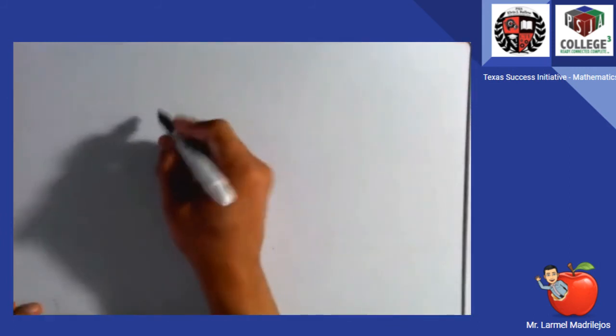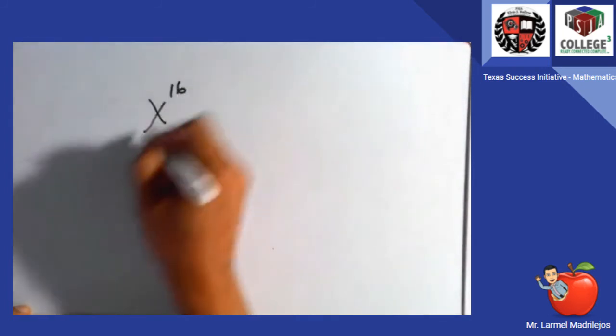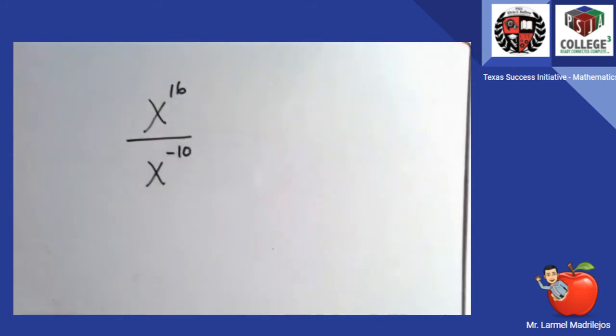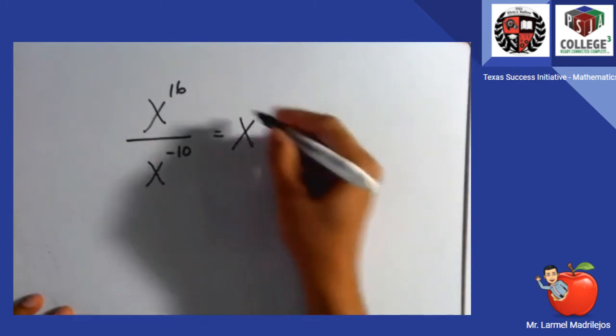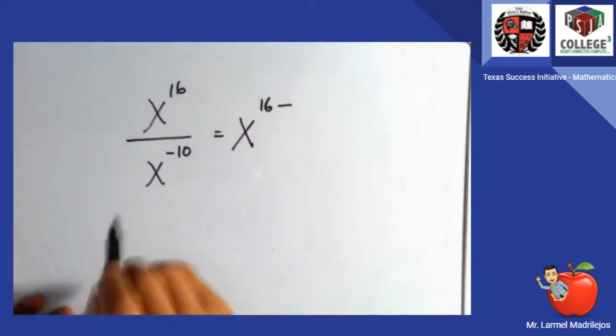Last example with the negative sign. x raised to 16 minus x raised to negative 10. I'm going to rewrite again. I'm going to put 16 minus, remember, minus, this time it's negative 10.